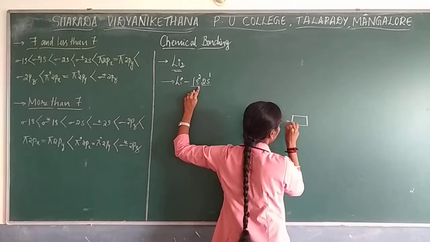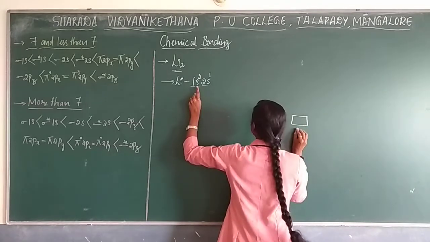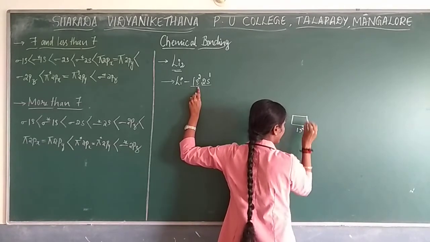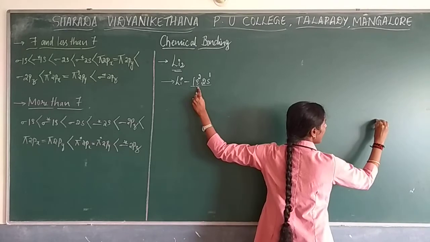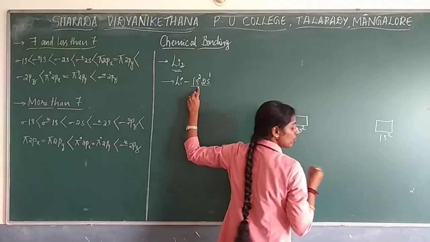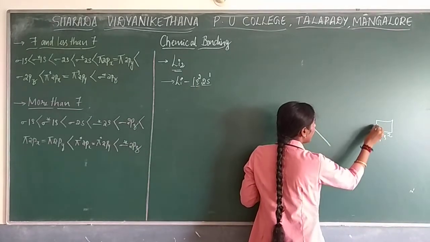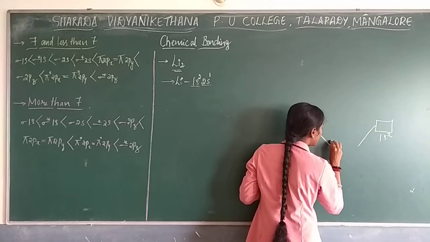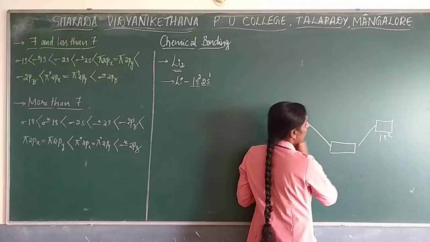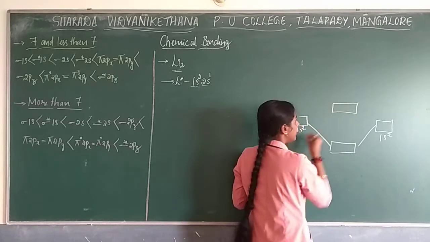First you write for the lithium atom. So consider one lithium atom which has electronic configuration 1s2 combining with another lithium atom which has electronic configuration 1s2. So two lithium atoms. When these two combine, a molecular orbital formation takes place as a bonding molecular orbital and an anti-bonding molecular orbital, right?